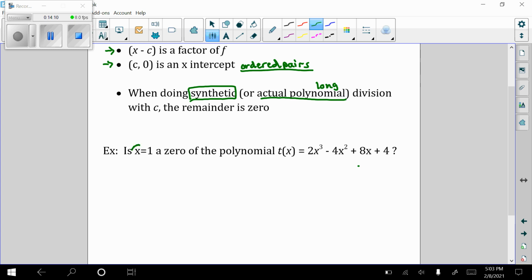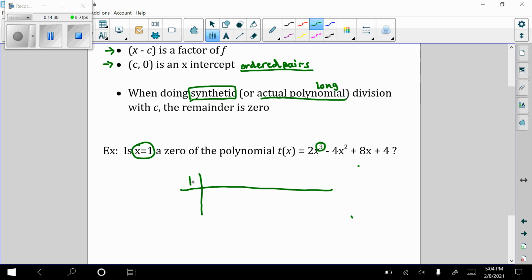Okay, so let's go through synthetic and see if we remember how to do that. We're determining if x equals 1 is a 0 of the polynomial. If you recall, if your highest degree is 3, when you set up your synthetic division, you could have 4 terms at the top.